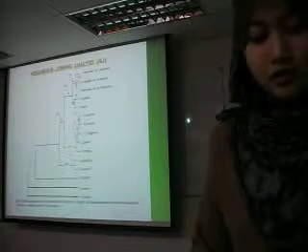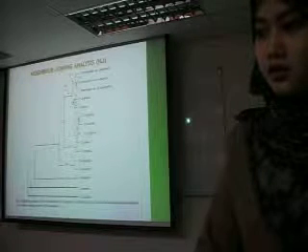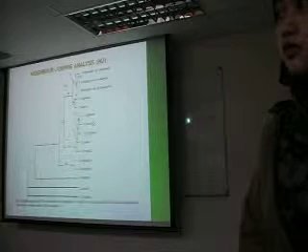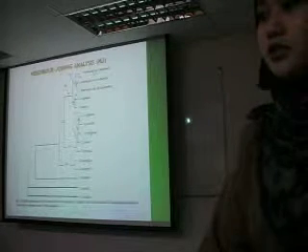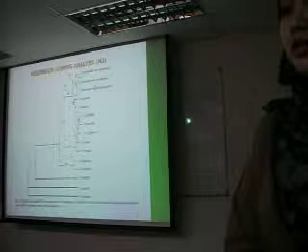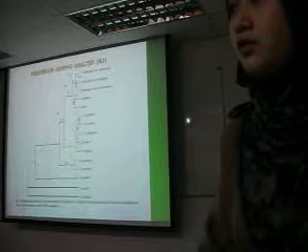The number on the branch here is known as the bootstrap value. A higher bootstrap value means that the relationship between one species and another species is very supported or very strong.